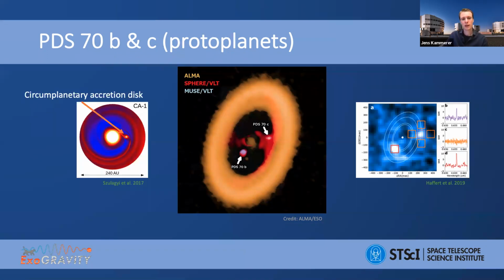Now, our planet formation models suggest that for such planets which are still forming, they should also form a circumplanetary accretion disk in the vicinity of the planet only. And with the high resolution of GRAVITY, we tried to resolve the circumplanetary environment of PDS 70 b and c and search for such circumplanetary accretion disks.